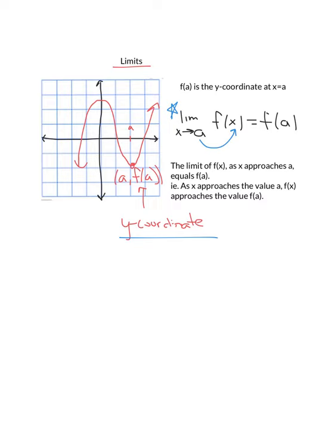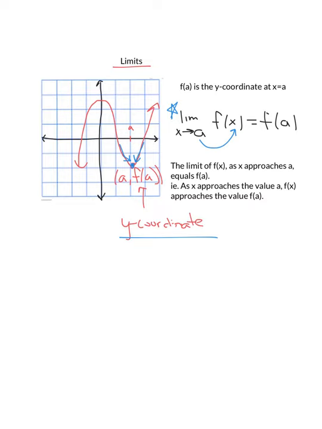And then again, just saying it differently, the limit of f of x as x approaches a equals f at a. So as x approaches the value a, f of x approaches the value f of a. So if I approach this point a, whether I come from the left or the right, I'm going to end up at this point f of a.